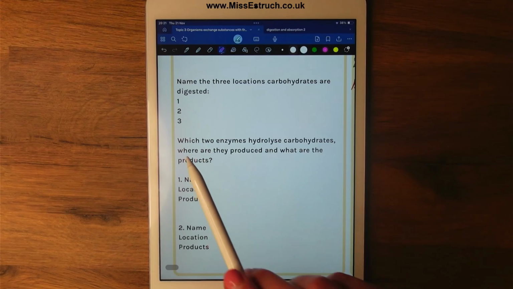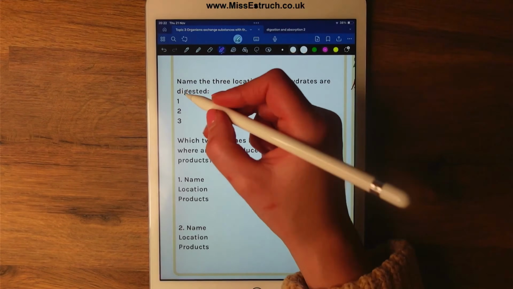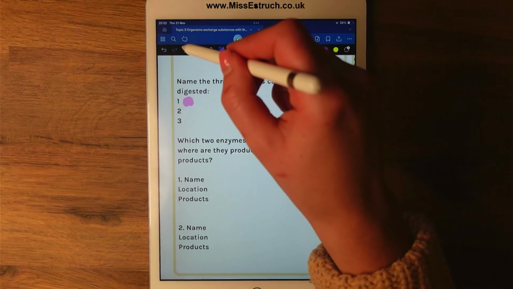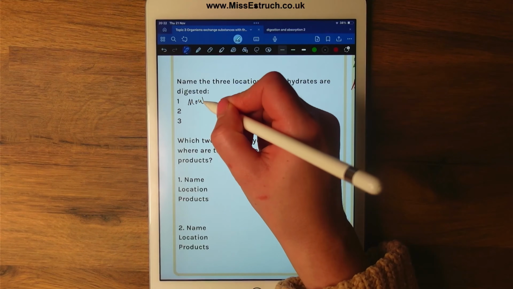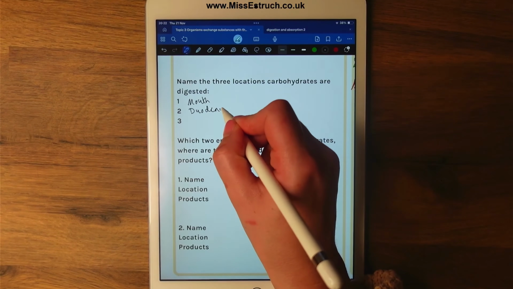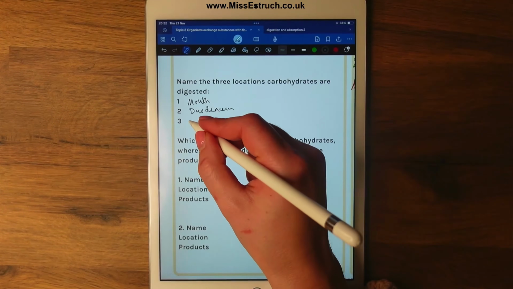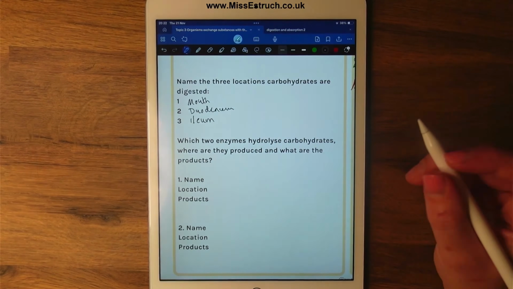We might need to know this bit, so let's just add this in. So the 3 locations that digestion of carbohydrates happens is, it starts in the mouth, then it happens in the duodenum, which is the top part of the small intestines, and then it's completed in the ileum, which is the lower part of the small intestines.